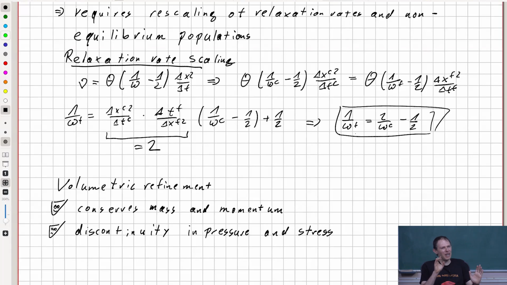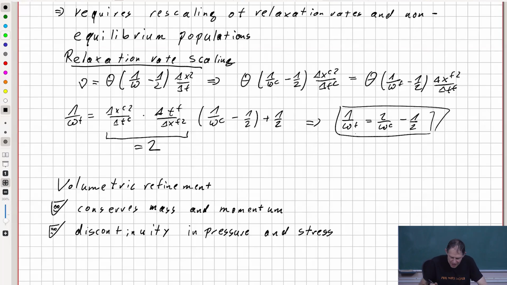But the observation, and this is one of the disadvantages of these methods, simply by observation, is that they generate discontinuities in pressure. So they're actually inconsistent. It's not even that they have a kink in the pressure, but they actually have a jump in the pressure.